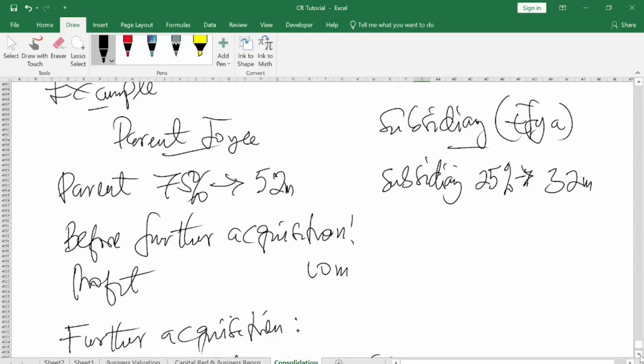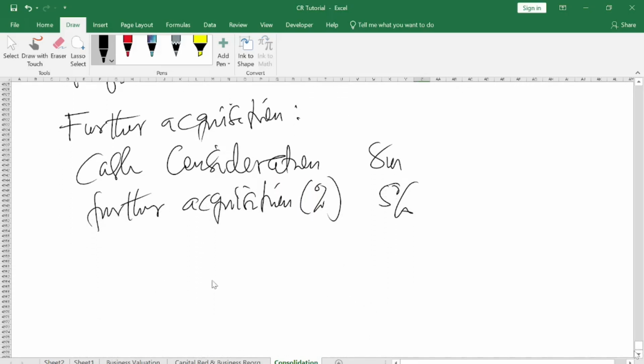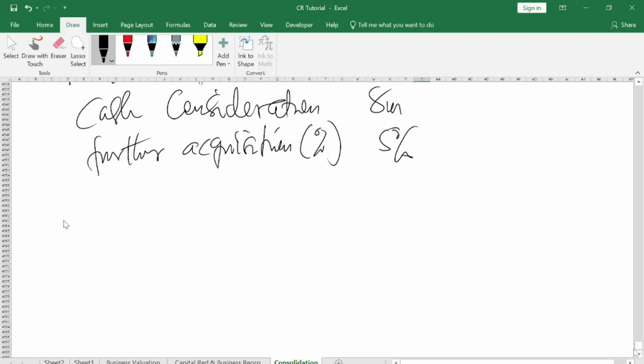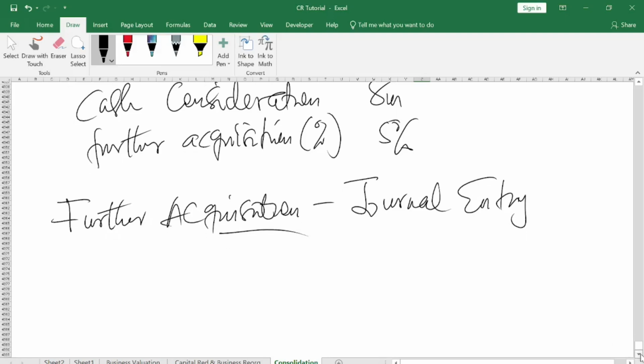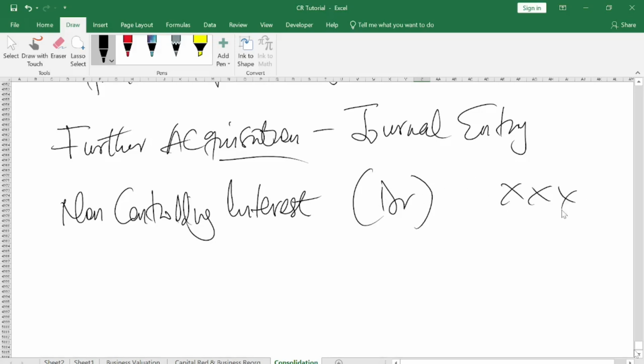So when you have it like this and it is control to control under further acquisition, what happens? The question says that under further acquisition, journal entry. So further acquisition journal entry, this is what happens. You will debit non-controlling interest with the amount.